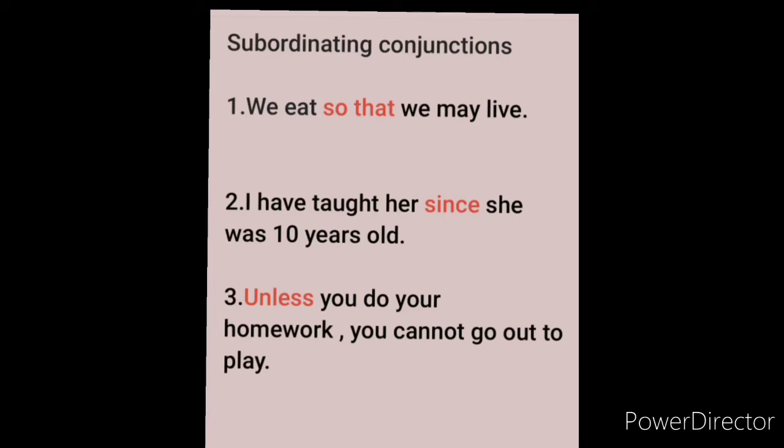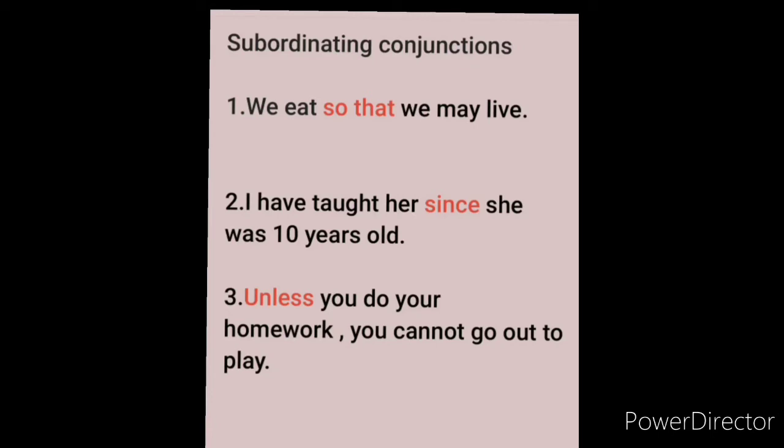We eat is the independent clause because it is making complete sense on its own. So that we may live is dependent clause, and as we have read, subordinating conjunctions are always written before the dependent clause. So we may live is dependent clause and before it we have written so that, and that is the subordinating conjunction.